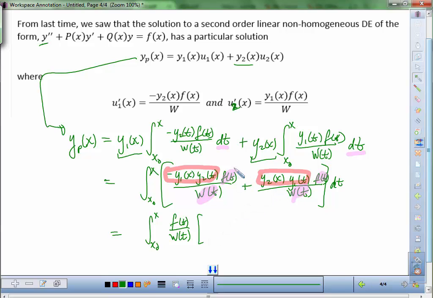And just for convenience's sake, I'll switch the order so the first one's not negative, so that y1 is first and y2 is second.